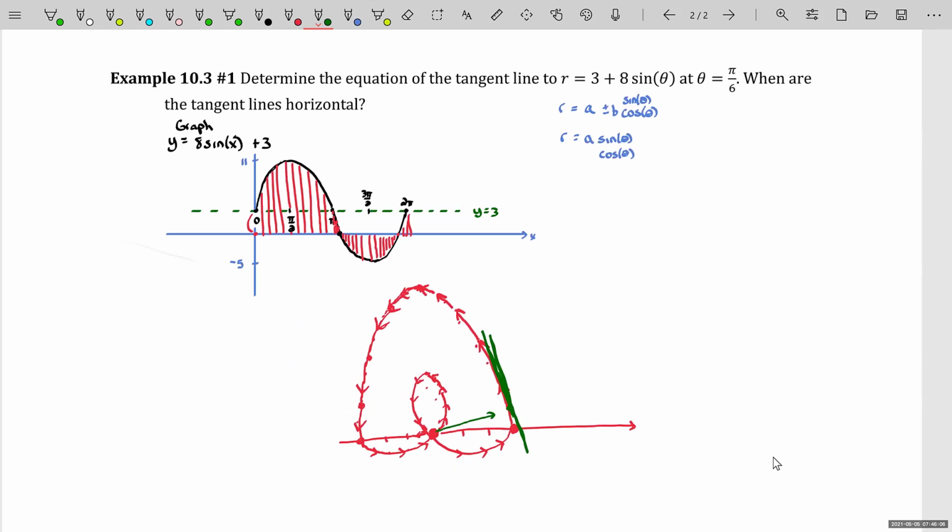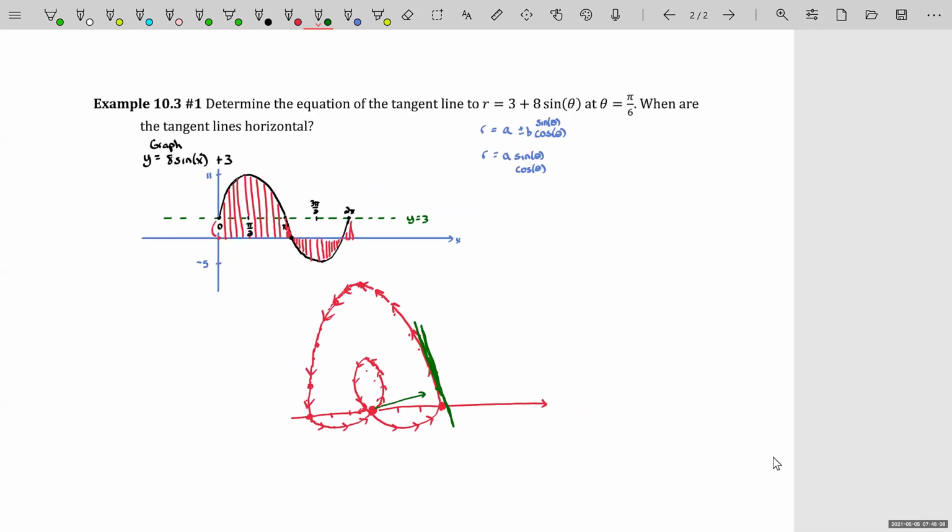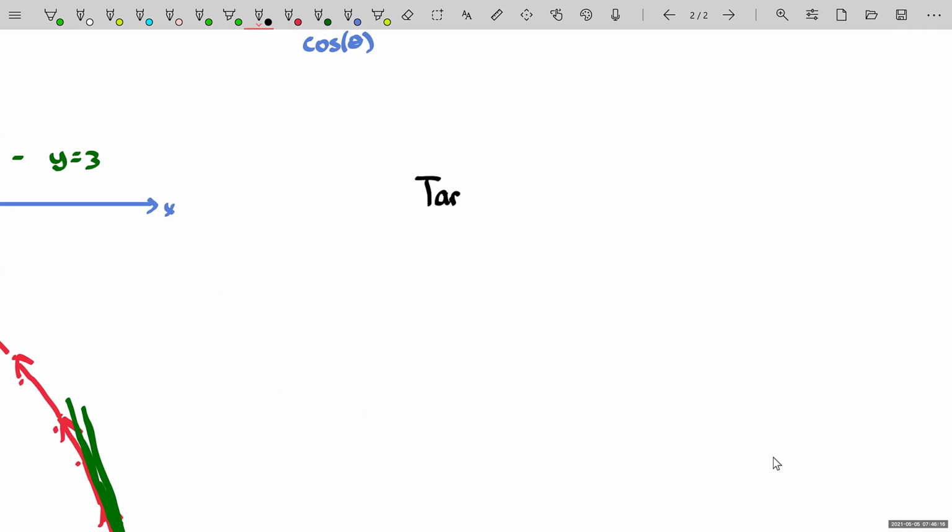Well, let's go ahead and find out. We'll need to find the equation of a tangent line. You need a point and a slope. Write that down. Tangent lines require a point and a slope.